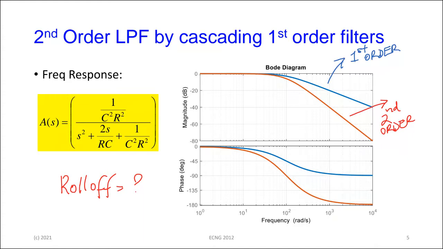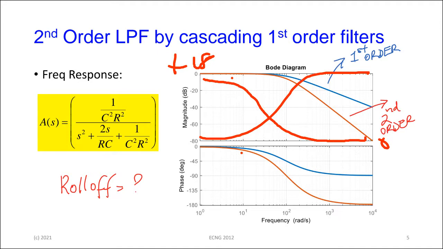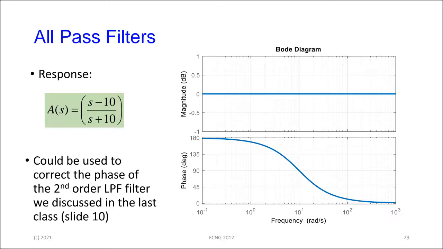If I add one that is going from plus 180 to 0 to this, then I could compensate for it. Sorry, I'll have to invert the signal, but you see, if I have one that is going from 0 to 180, which is like what the all pass is doing, and I add this to this, what I'm going to get is a nice flat phase response.